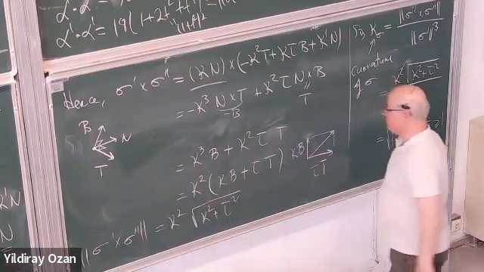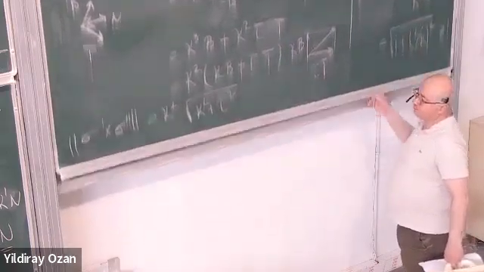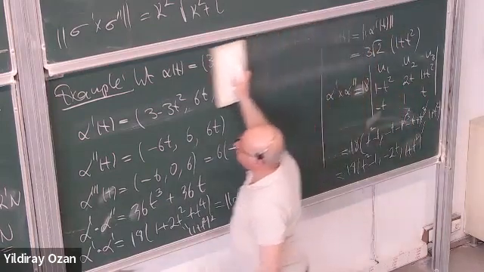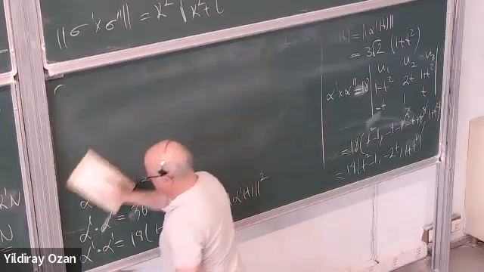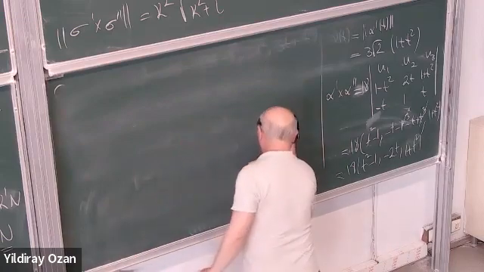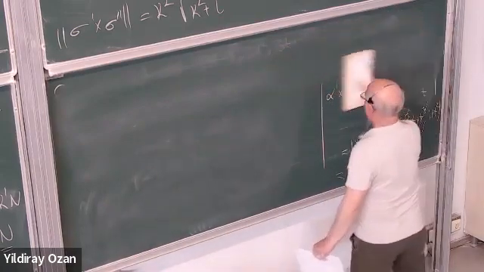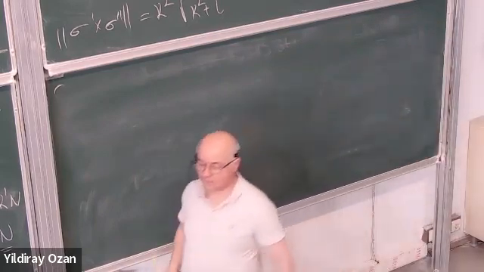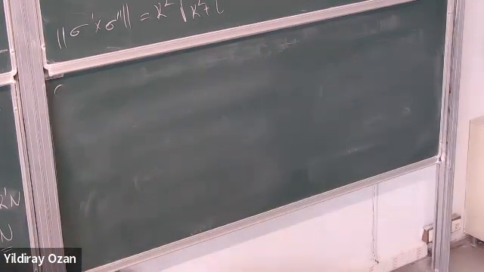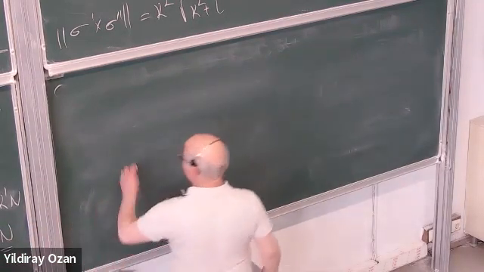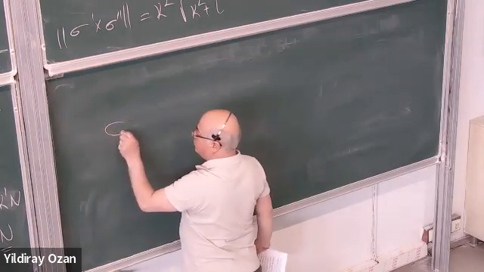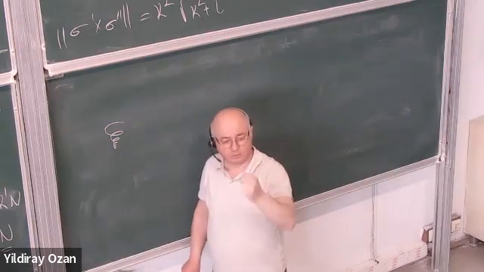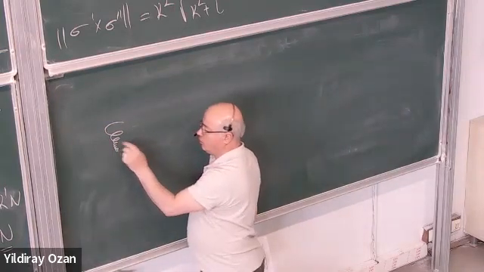I mean, it seems too strong. For example, consider a curve like this. It's like a helix, but with smaller and smaller periods.